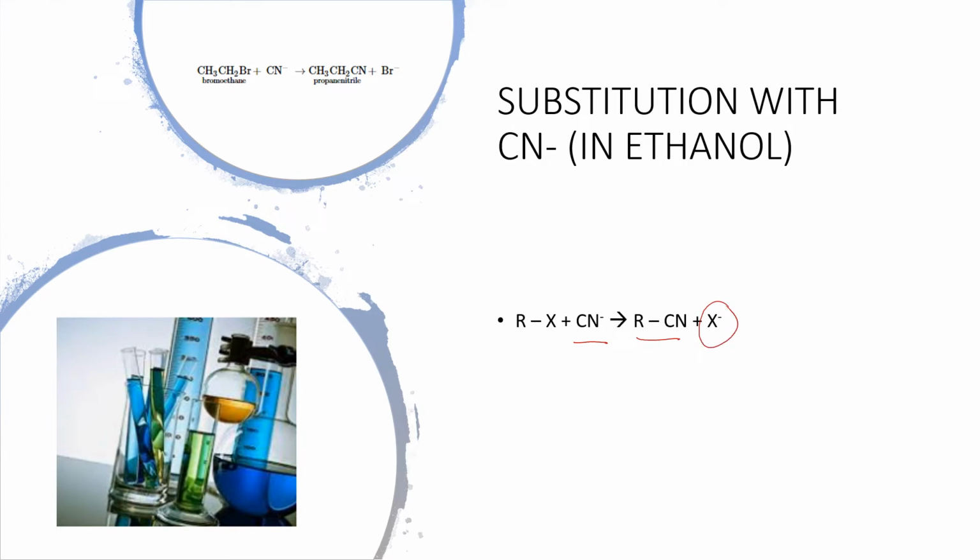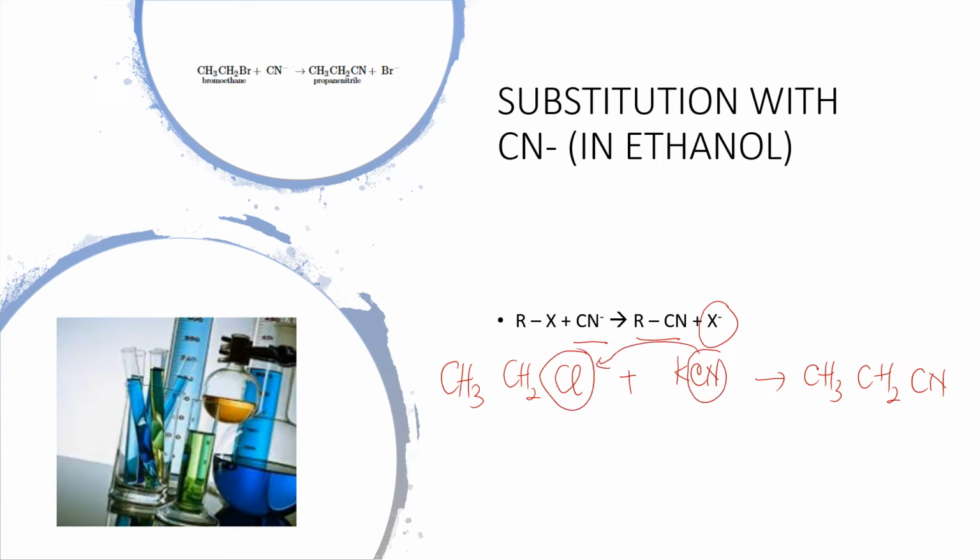For example, we have CH3CH2Cl plus KCN, then we'll produce CH3CH2CN, the CN substituted Cl, plus K joined with Cl, KCl.